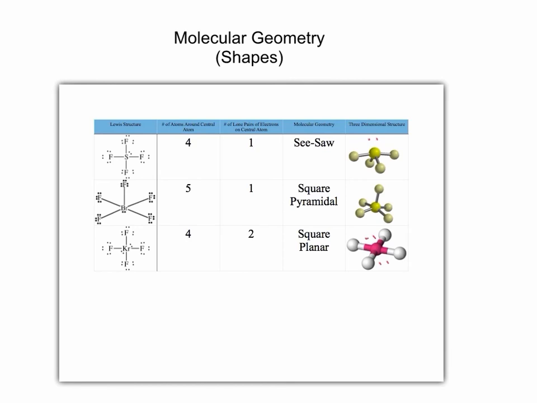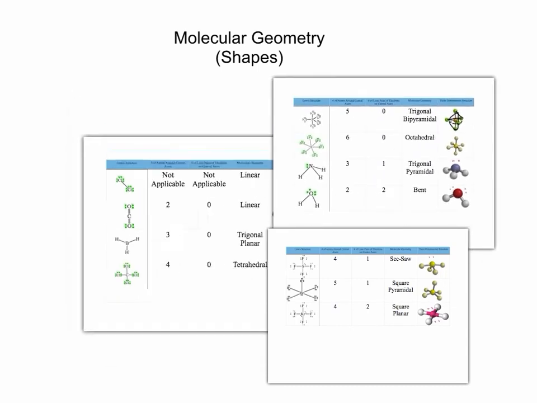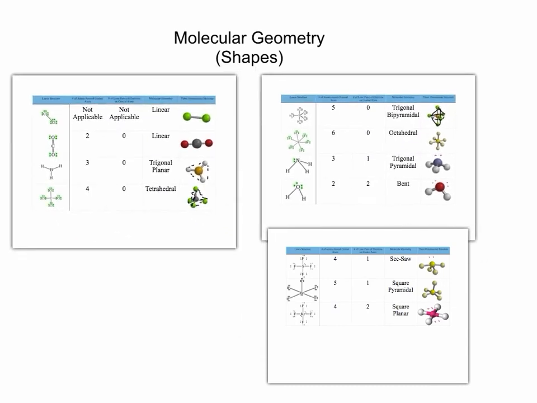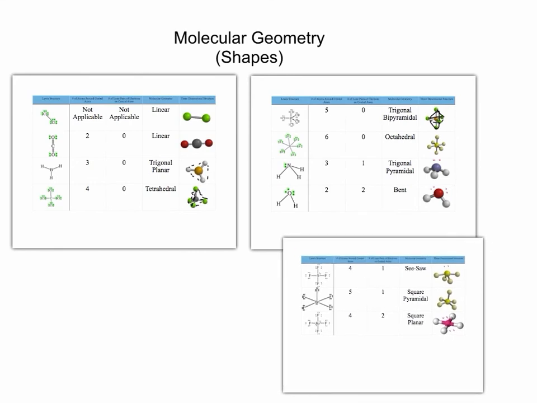So let's look at all of these geometries together and try an example. So I'm going to draw a Lewis structure, and let's see if we can figure out what its shape is going to be. So the first one I'll draw is H2S.